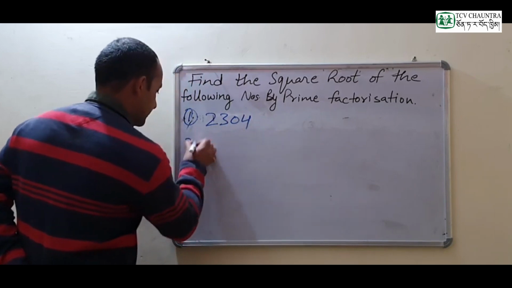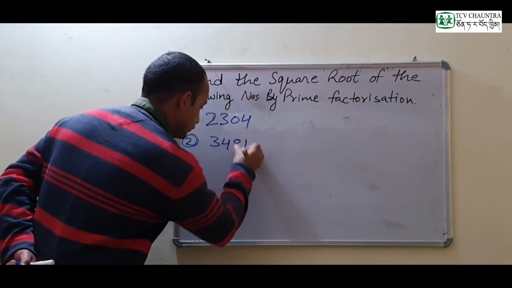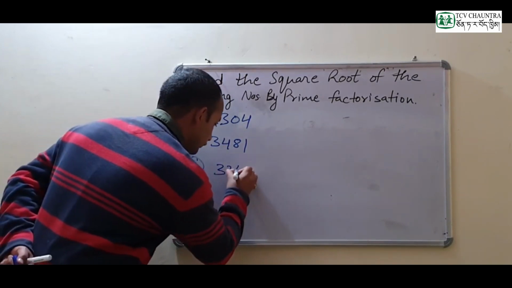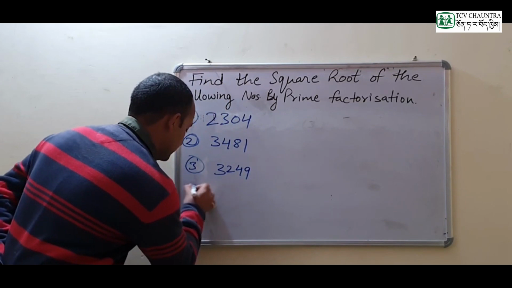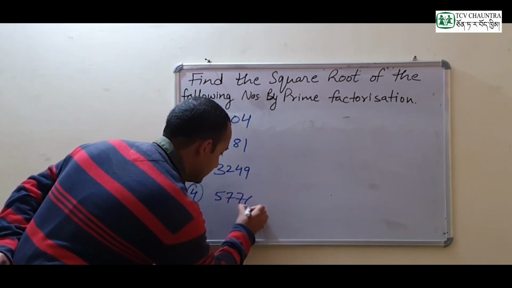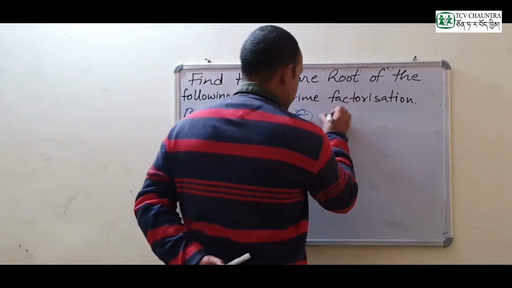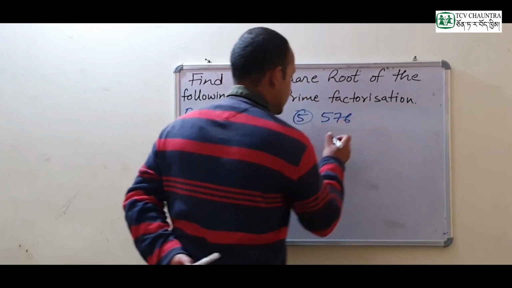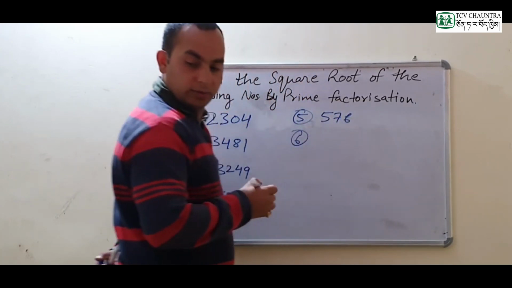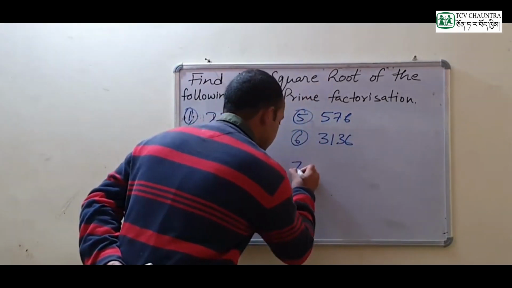Question 2 is 2304. Third question is 3481. Fourth question is 3249. Fifth question is 5776. Sixth question is 576.